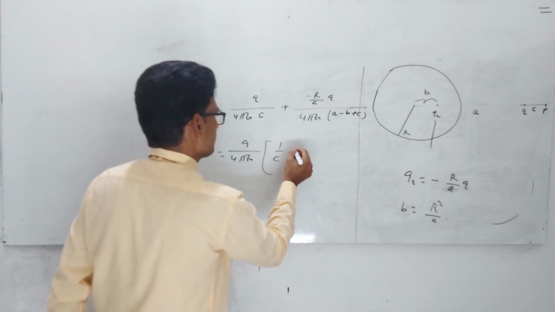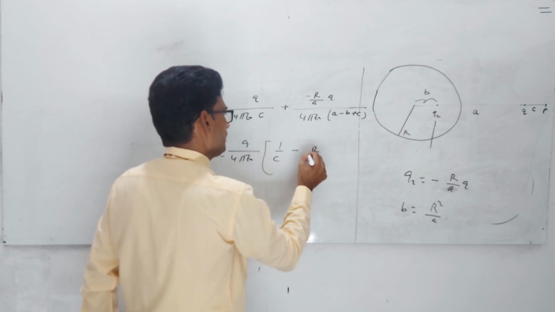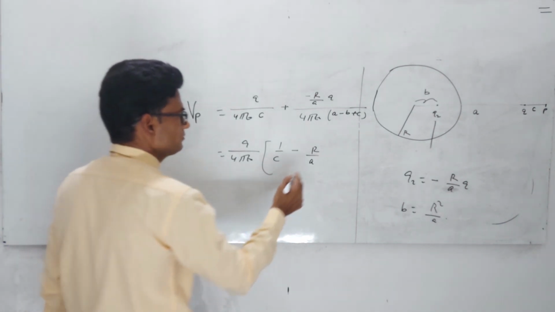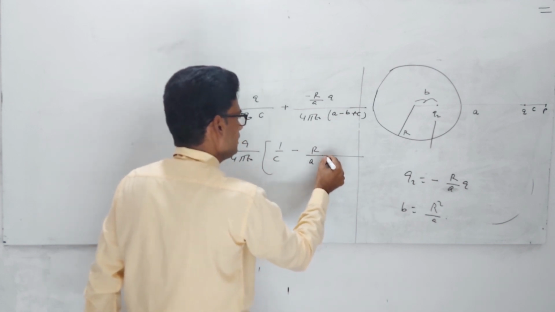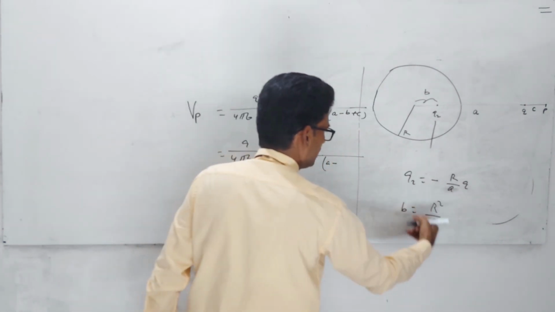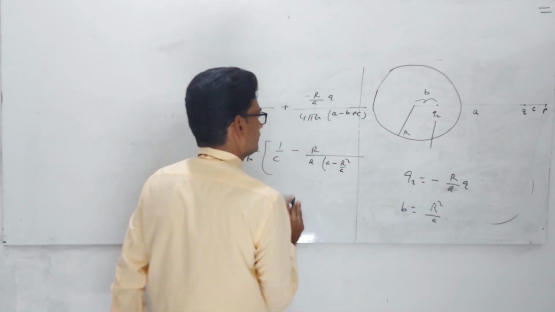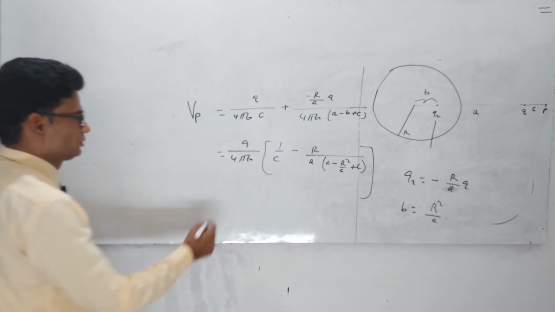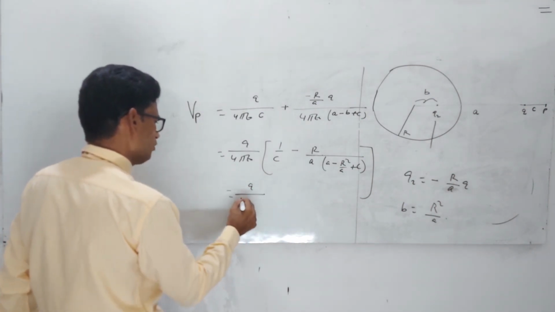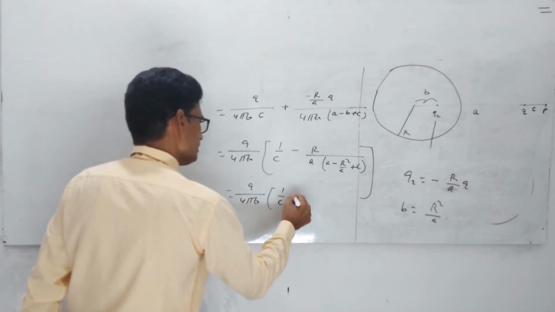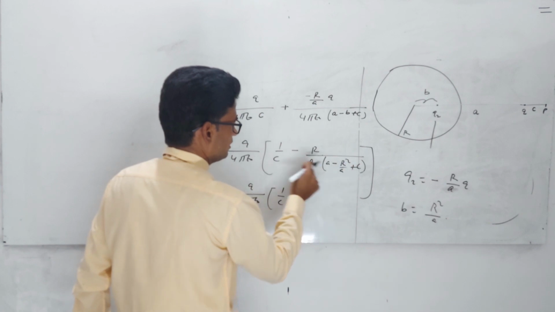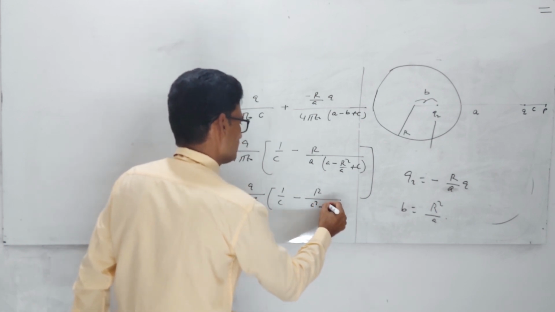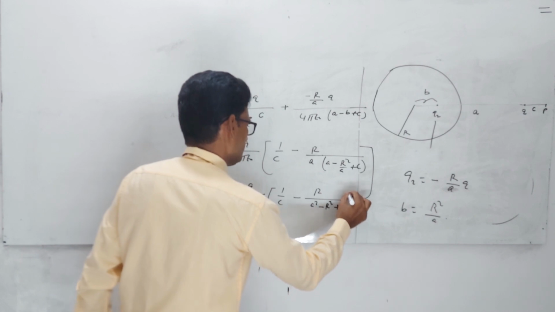So here 1 over C minus R over A, times 1 over A minus B plus C. Here A is already A, and B in terms of known is R square over A, so R square over A plus C. Now simplify a little bit more: 1 over C minus R over, this is A square, AC is cancelled out, A square minus R square plus A into C, and that's your answer.